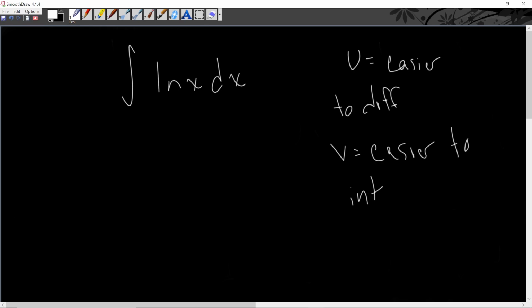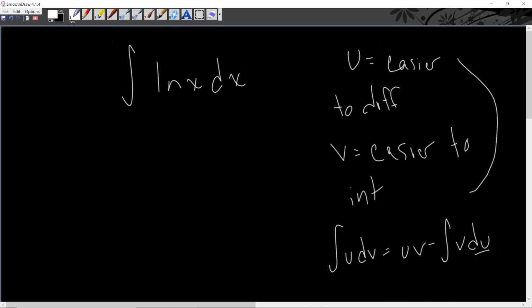The reason that we do this is because we have u dv is equal to uv minus the integral of v du. If du is nice and simple, then we don't have to do too difficult of an integration of v. And these are just general rules. You're not going to always have perfect functions where u is easy to differentiate and v is easier to integrate.